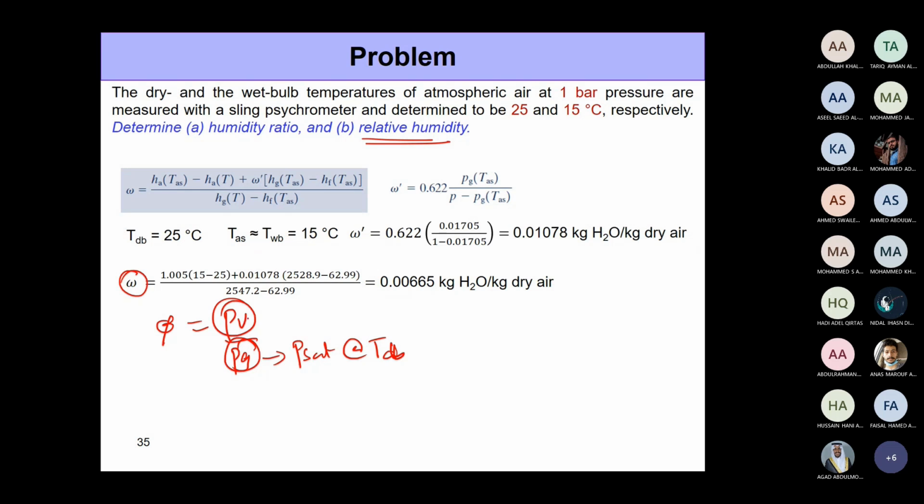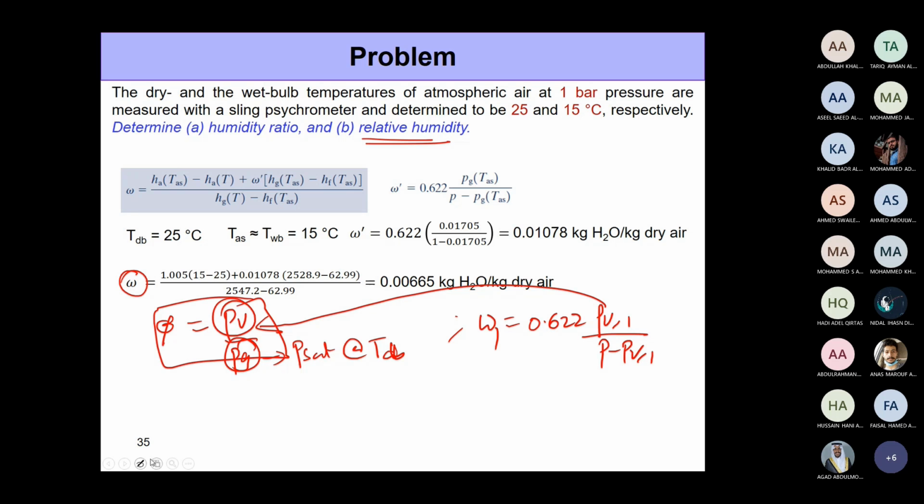Now we need to figure out a way of getting PV. It turns out we have omega, and omega by definition is 0.622 times PV by P minus PV. So we have omega at state 1, which is simply written as omega. Using this, we can calculate PV1, and then we can substitute this PV1 back into the equation for relative humidity.